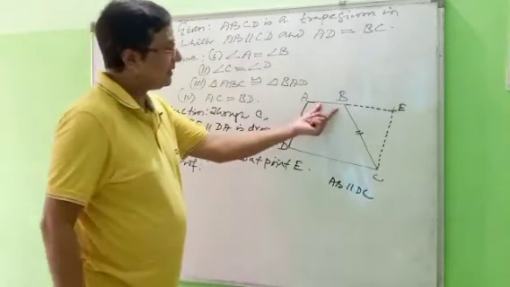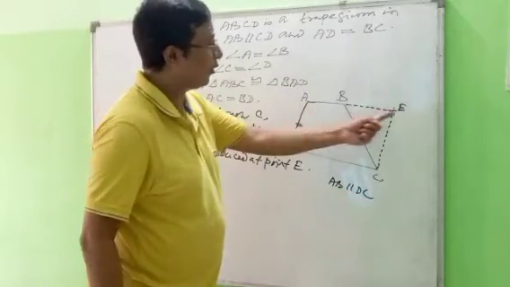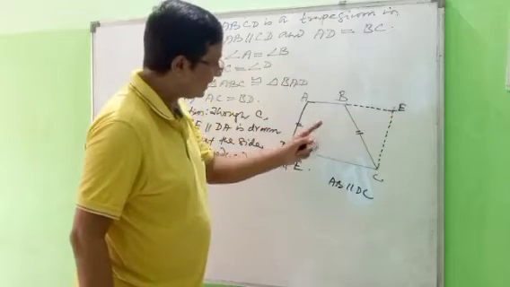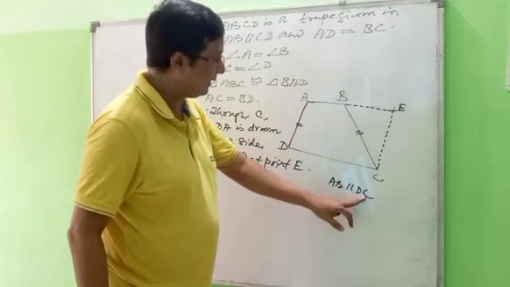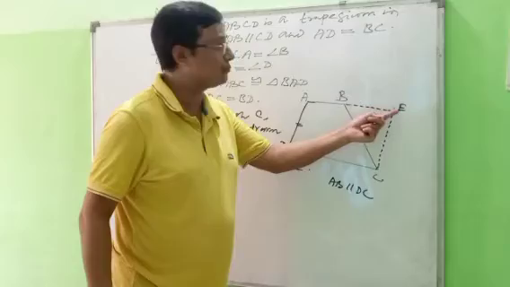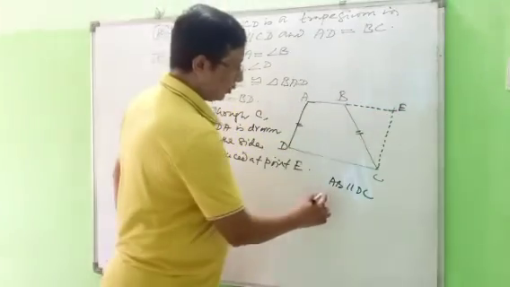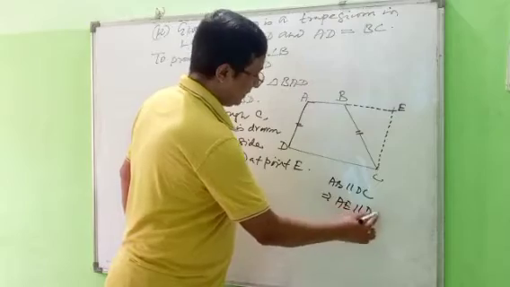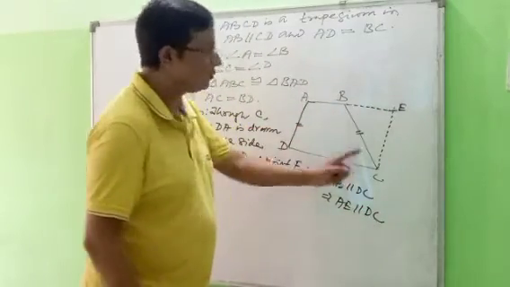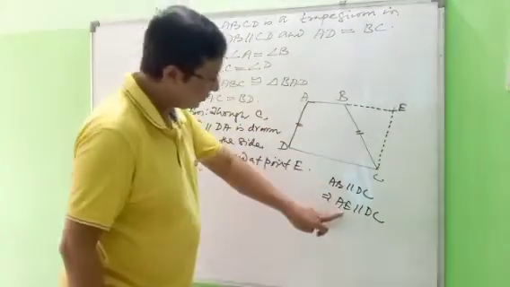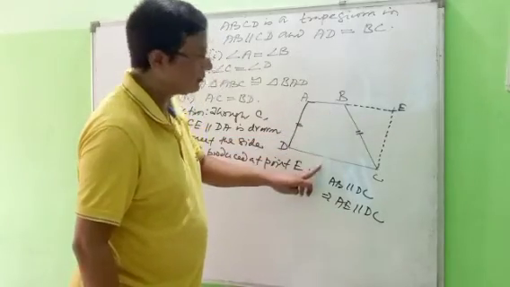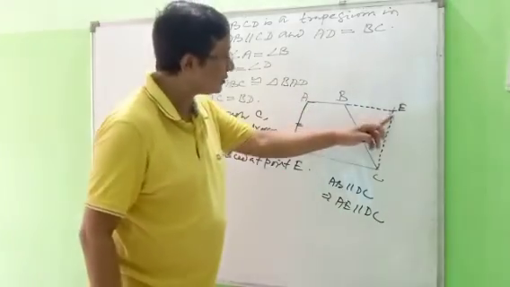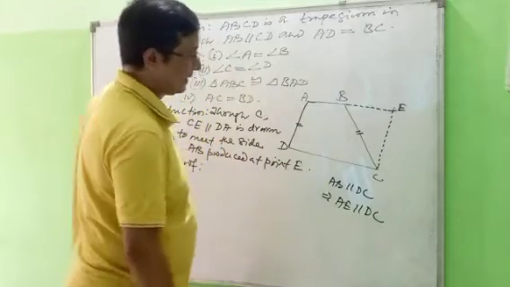But the side AB is produced to point E. That means if AB is parallel to DC and AB is extended to point E, in that case also you can say that AE is parallel to DC. So since AB is parallel to DC, therefore AE is also parallel to DC.